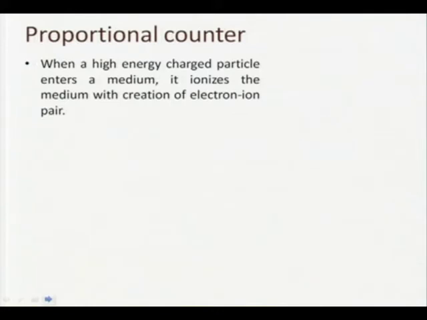One is called the proportional counter. This is a simple idea. You have a cylindrical tube that acts as a cathode with a negative electric potential compared to an anode passing along the axis.